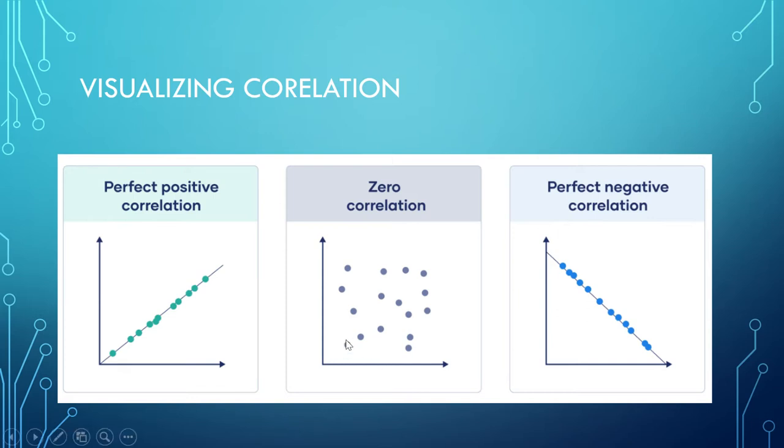The second figure has randomly plotted points and we cannot draw any inference out of it, so it has zero correlation. While in the third figure, when values at y are decreasing, the value at x is increasing. Thus, there is an inverse relationship between them. Therefore, it is negatively correlated.